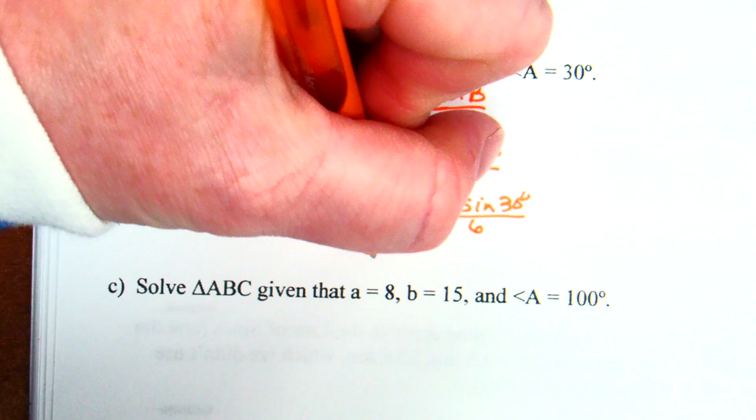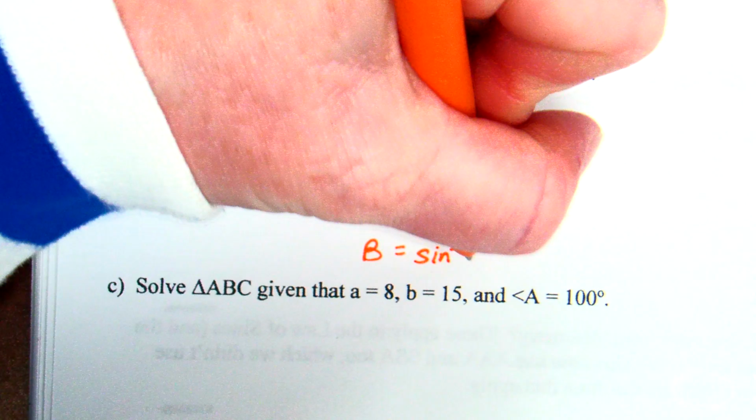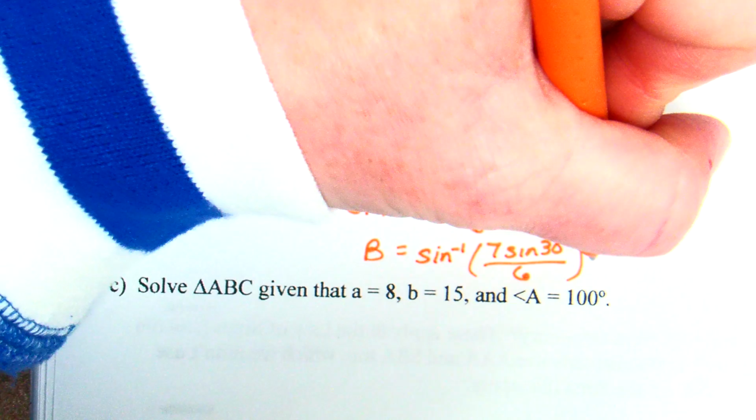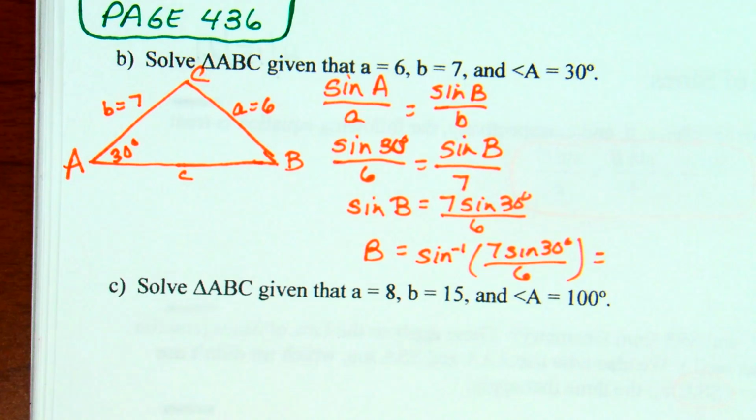Okay. Turn on your brains from yesterday. Inverse. Make it just B. In order to do B, we're going to have to do sine inverse of 7 sine 30 degrees over 6. If you didn't try your calculator yesterday, today's a good day to try it.